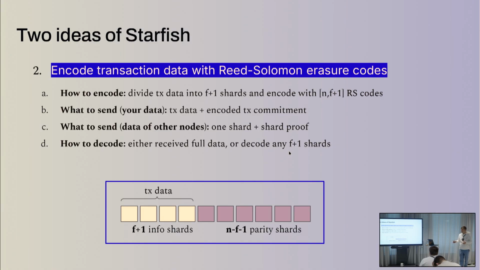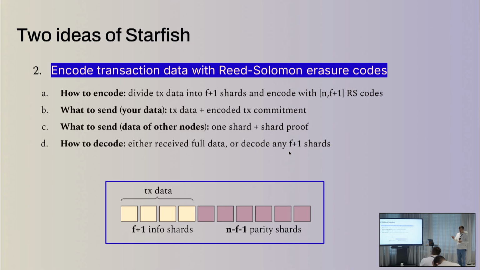Currently there are quite many protocols that do similar things on the network level for data propagation, but Starfish just incorporates all these ideas in one consensus protocol. So this encoding is embedded in the protocol itself, not on a separate data availability layer. So it's all embedded in the protocol.